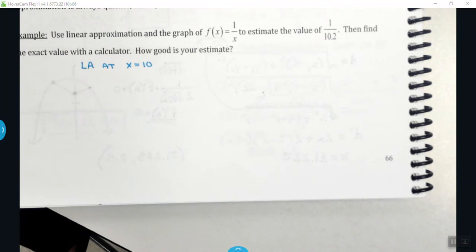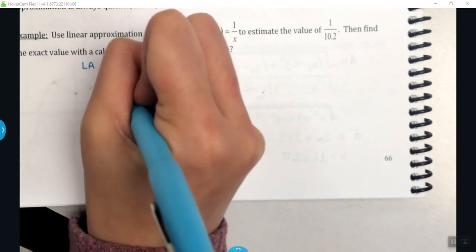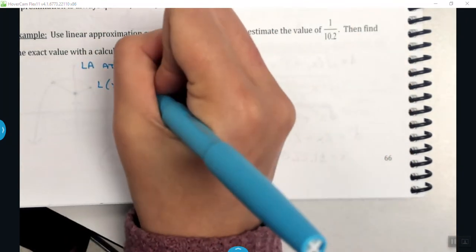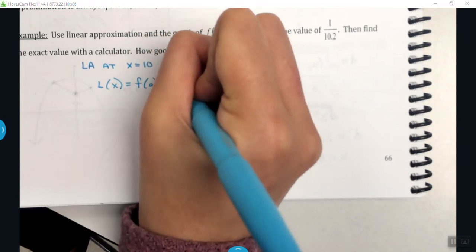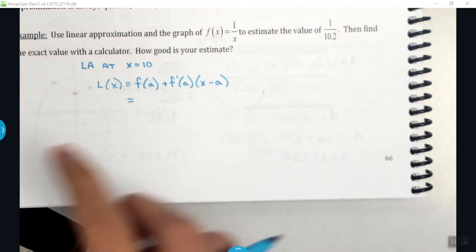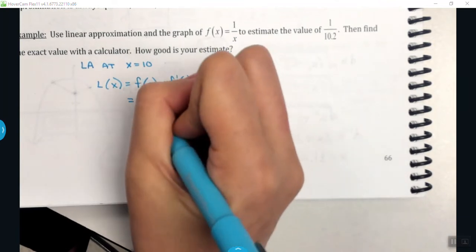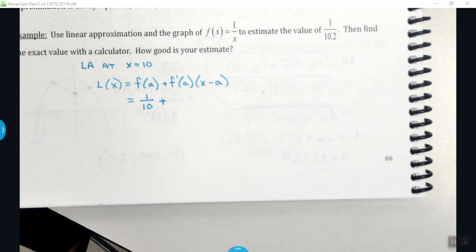Okay. All right, so what do I need for a linear approximation? I need L of x equals f of a plus the derivative at a times x minus a. Okay? So, f of a is 1/10. F prime of a I have to figure out.